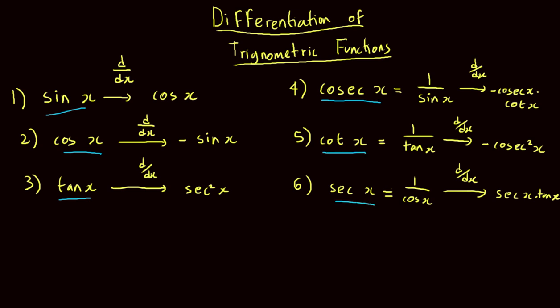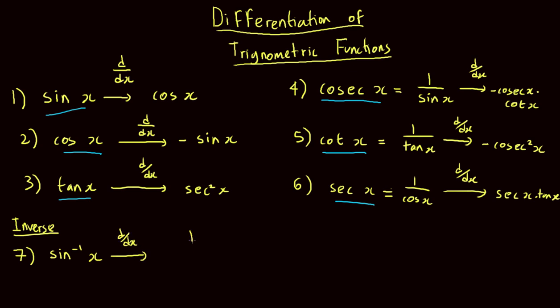secant of x, right? And besides these 6, we also have the case for inverse trig functions. So for the inverse trig functions, I'm gonna write this down here. So number 7 would be sine inverse. For sine inverse x, if we find the derivative of it, it's a little bit different.